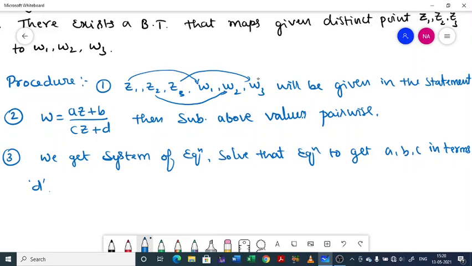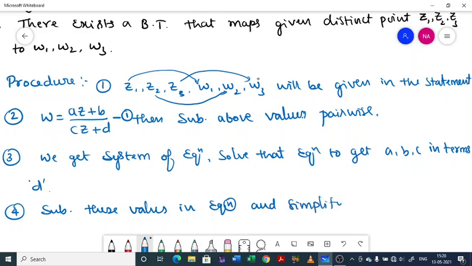As I said, we have to write A, B, C in terms of D, or B, C, D in terms of A, or you can write A, B, D in terms of C. The thing is, you have to write 3 constants in terms of the fourth, and then substitute these values in equation 1 and simplify.